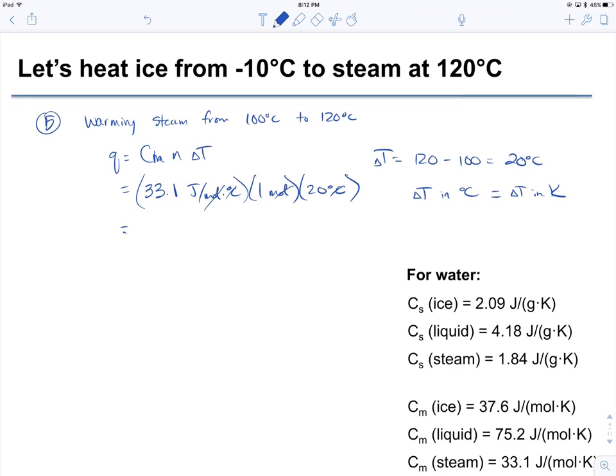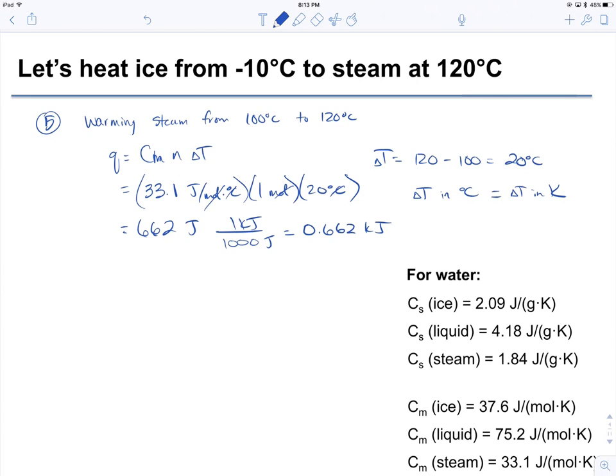So the heat here is 662 joules, and this would translate to 0.662 kilojoules of energy.